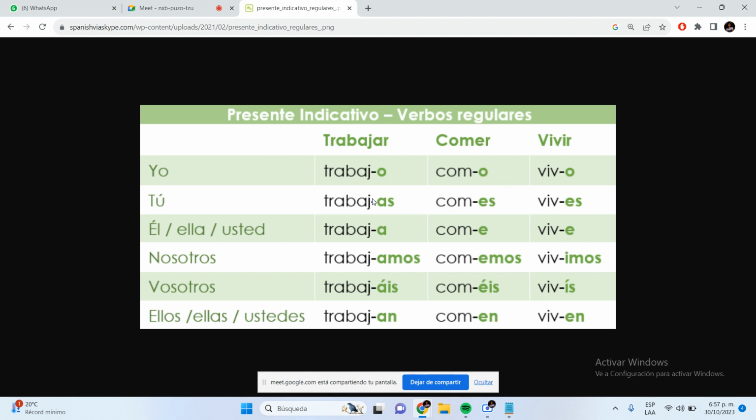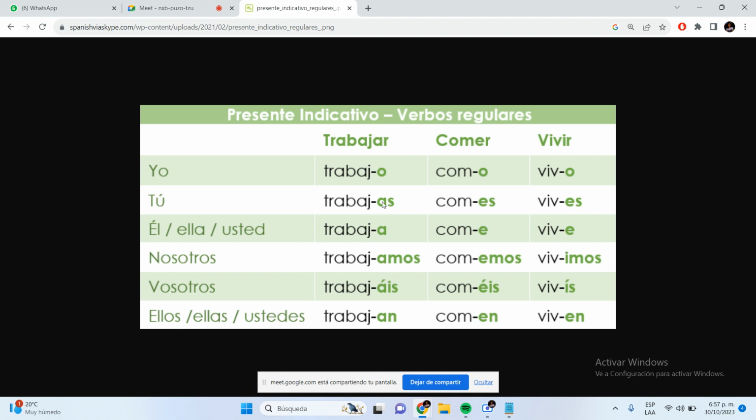And for tú, in the particular case of ar verbs, we have as instead of ar. So trabajas. And for er verbs it's es, and for ir, it's also es.